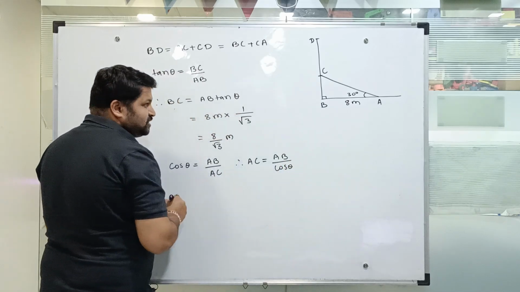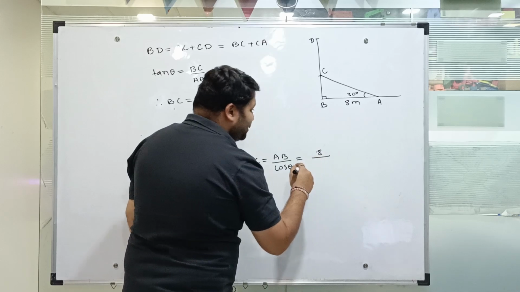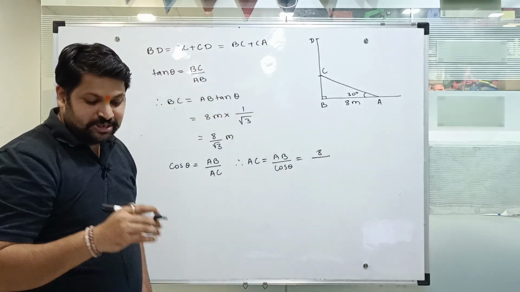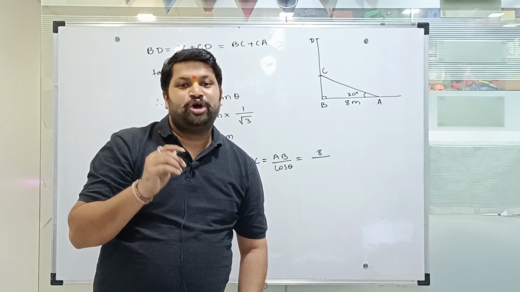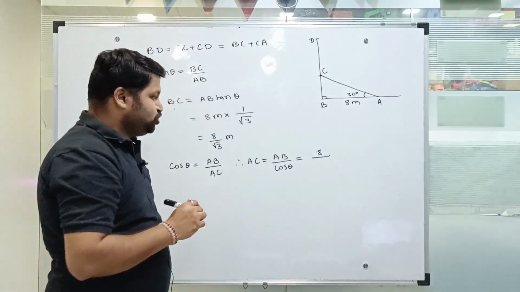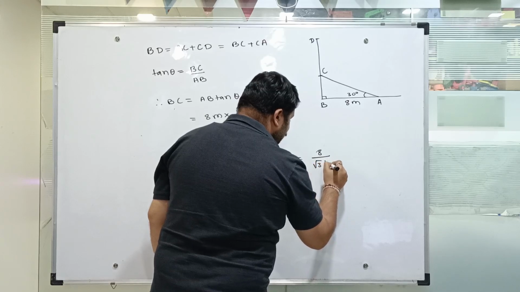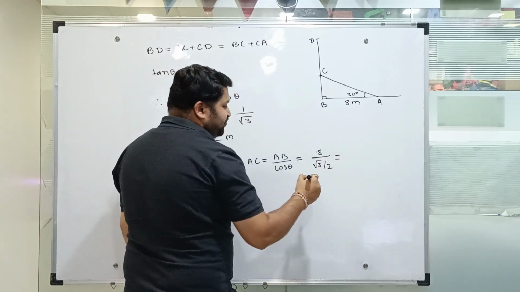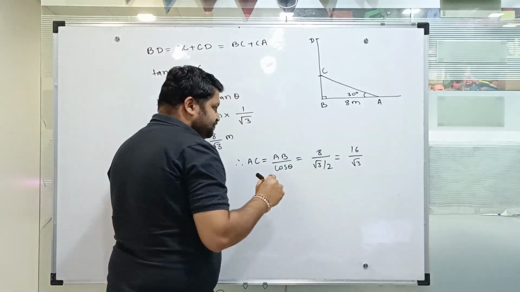In this case AB is 8 meters, so it would be 8 divided by cos 30 degrees. So cos 30 degrees in this case is root 3 by 2, which gives us 16 upon root 3.